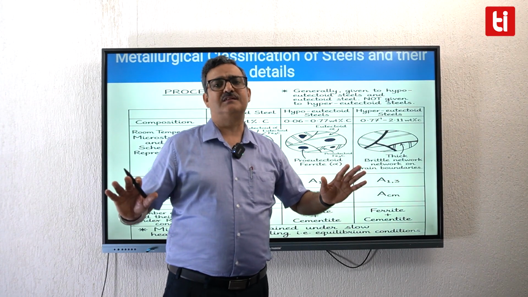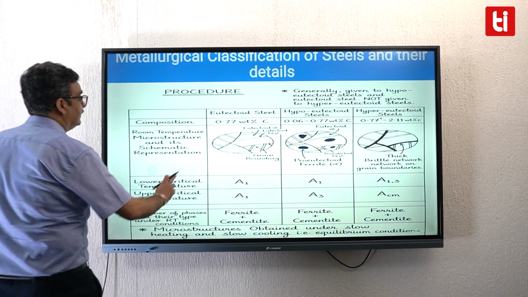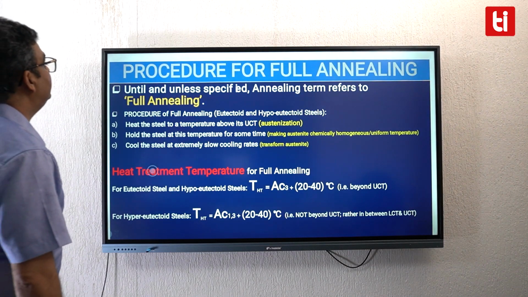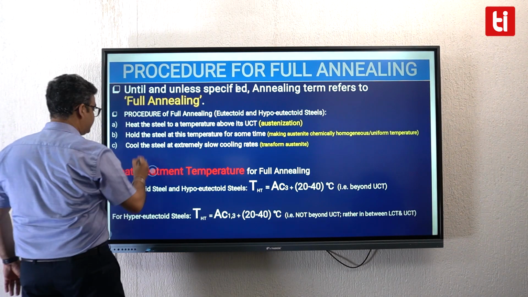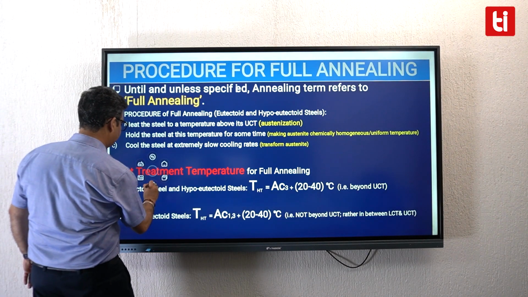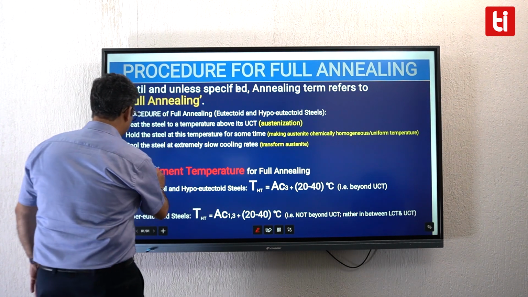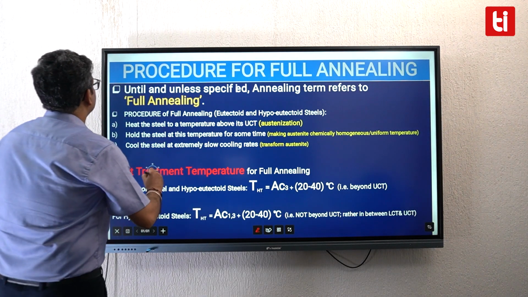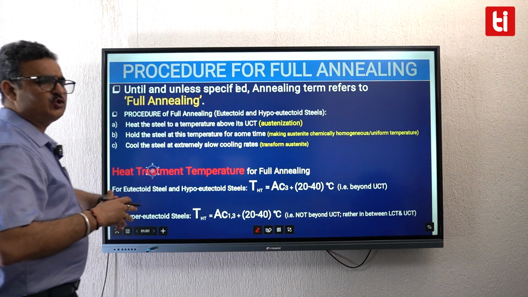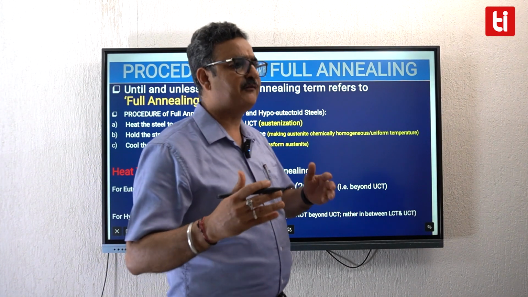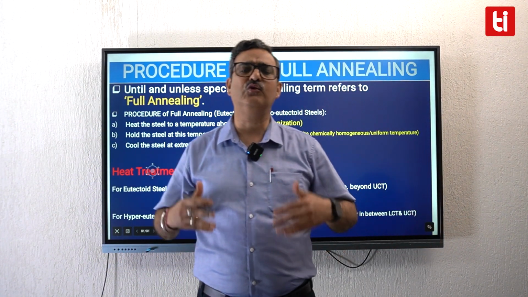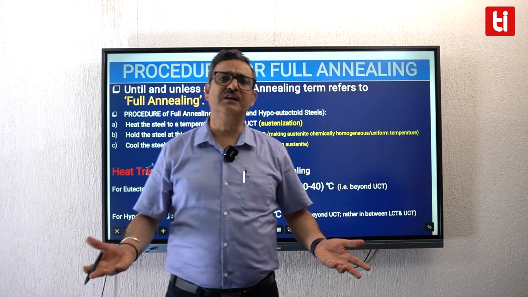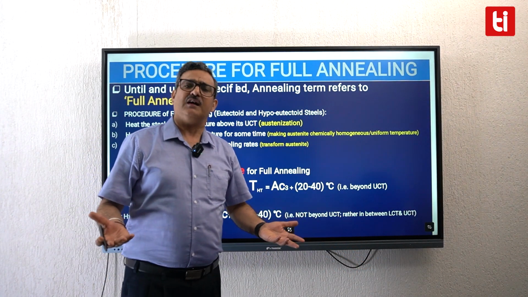Now we can discuss all that. So let's move to what full annealing is and what the procedure is. Students, there are many different types of annealing. We have full annealing, spheroidization annealing, homogenization annealing, isothermal annealing, stress relieving annealing, and black box annealing.